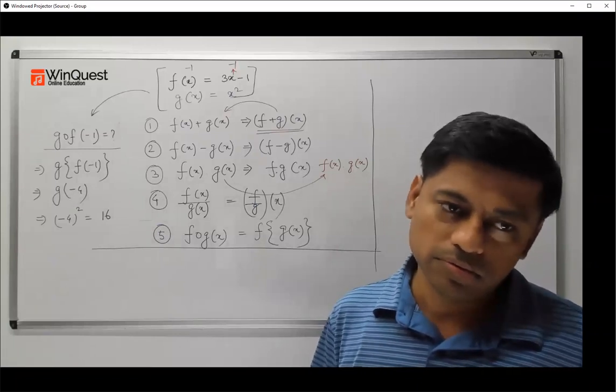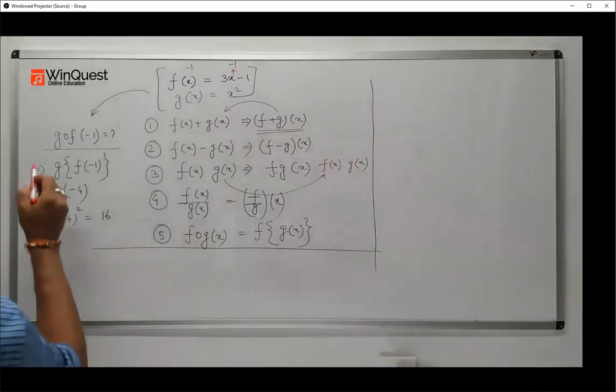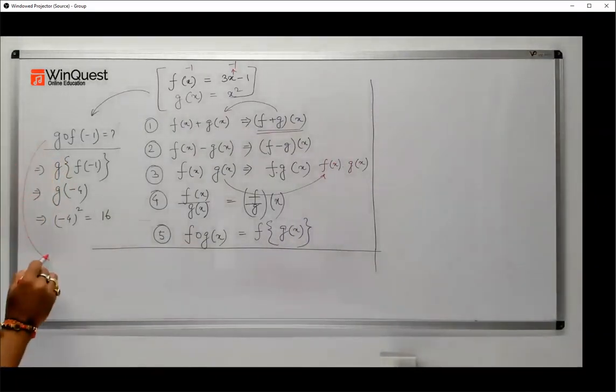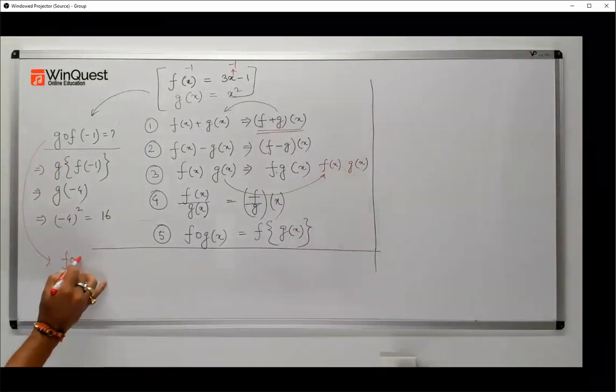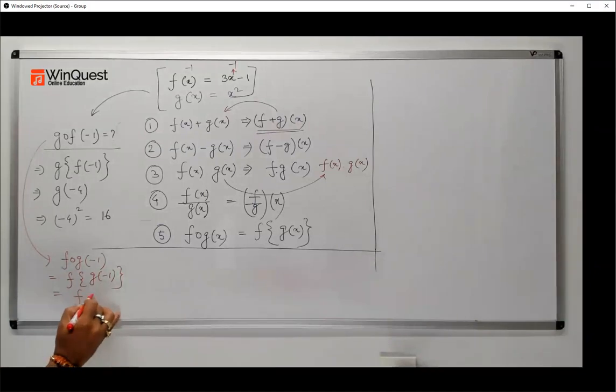Yes. Now, I will just transform the same problem as f of g(-1). In this case, I am going to write it as f of g(-1). Is that okay? Yes. g of -1 is equal to 1.